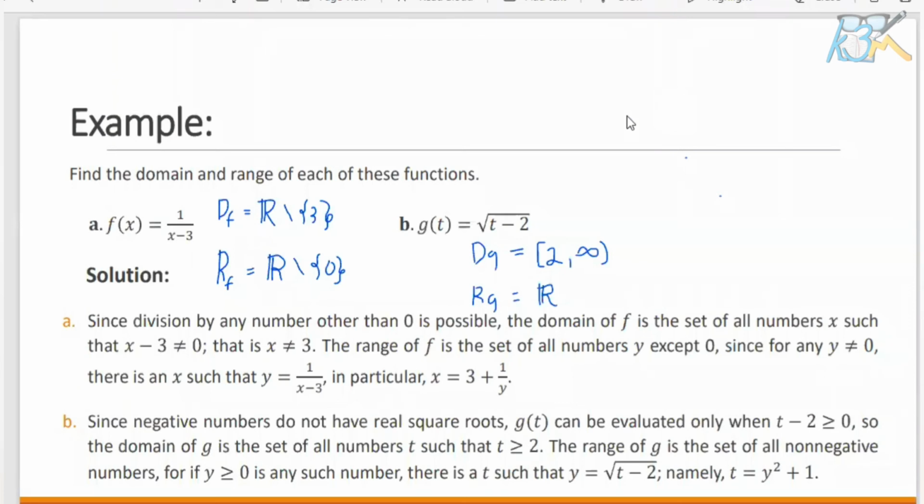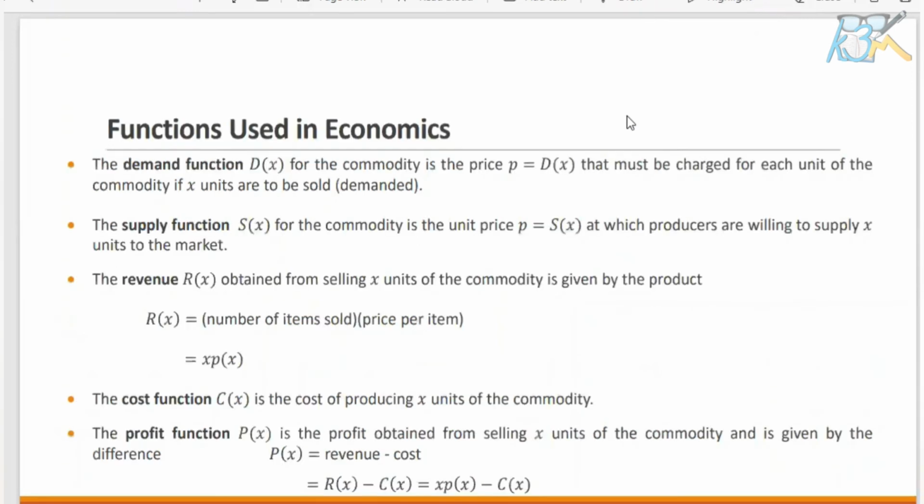And now we proceed to the functions used in economics. The demand function, denoted by d of x, for the commodity is the price p equal to d of x that must be charged for each unit of the commodity if x units are to be sold or demanded.